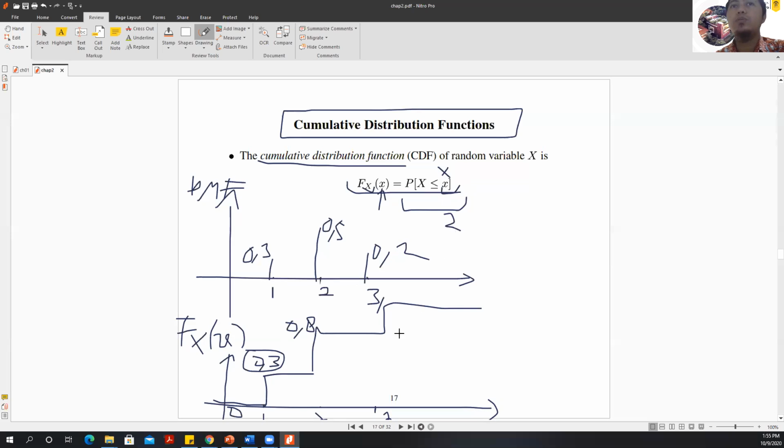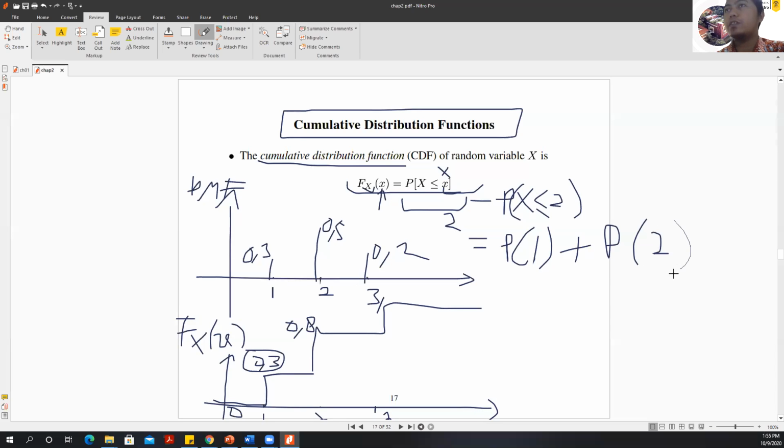Below 2, mathematically, let's say this is below 2 x: you can write probability x1 plus probability x2, which is 0.3 plus 0.5, so equal to 0.8, right?